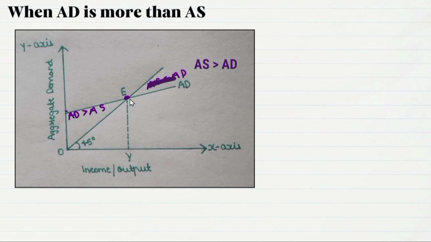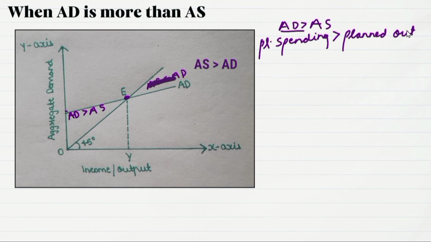So how to achieve the equilibrium level of income when AD is more than AS? What does that mean? It means that your planned spending, because these are the planned variables, right? So your planned spending is more than your planned output. So there is a situation of excess demand in the market.